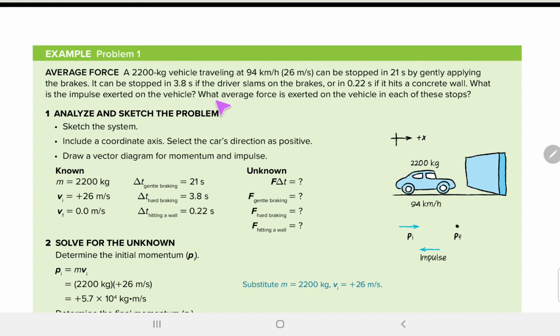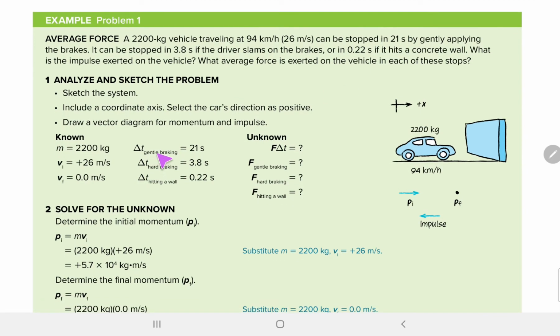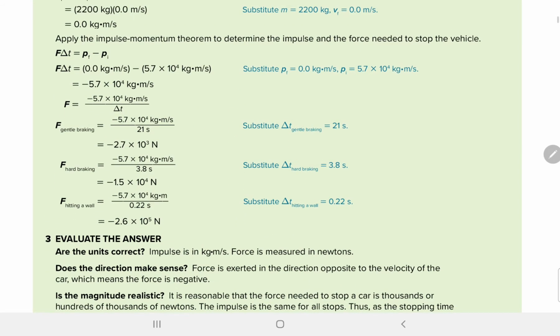The second part: what average force is exerted on the vehicle in each of these stops? So we need to calculate the force for delta t 1, 2 and 3. We know that we have a law which is F delta t equal to impulse, and we calculated the impulse here.